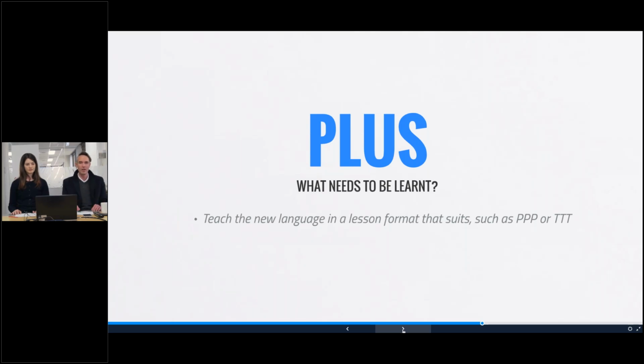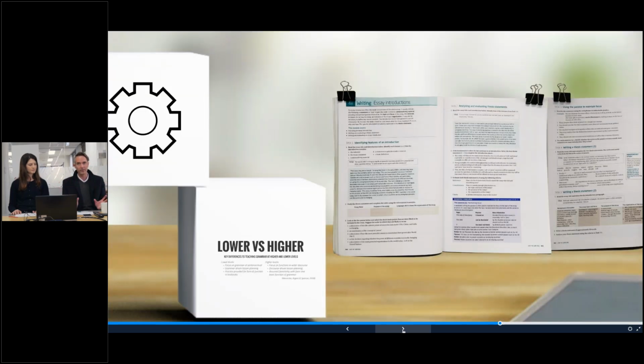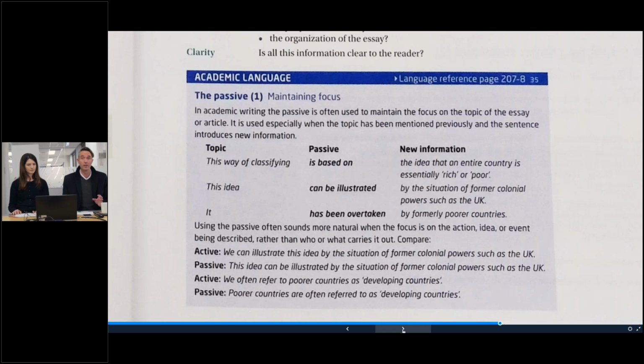You can do that in any way. You could do that with a PPP structure, for example, introducing that new function, presenting it, practicing it and producing it. Now that stage fits within the overall big picture of the lesson, which is how to write the essay. So let's look at how they fit that in.